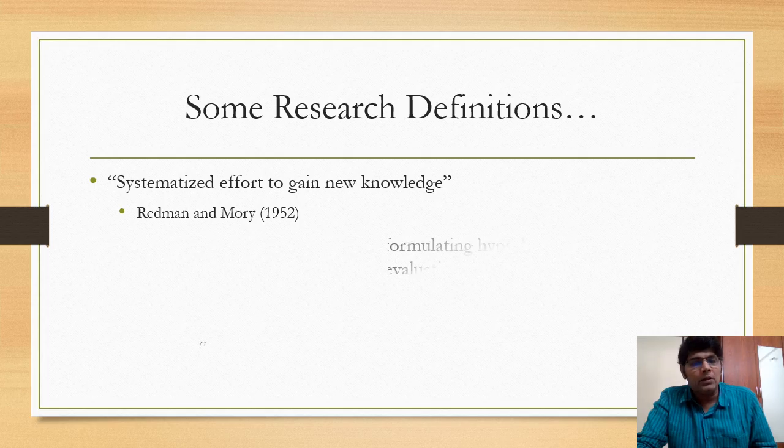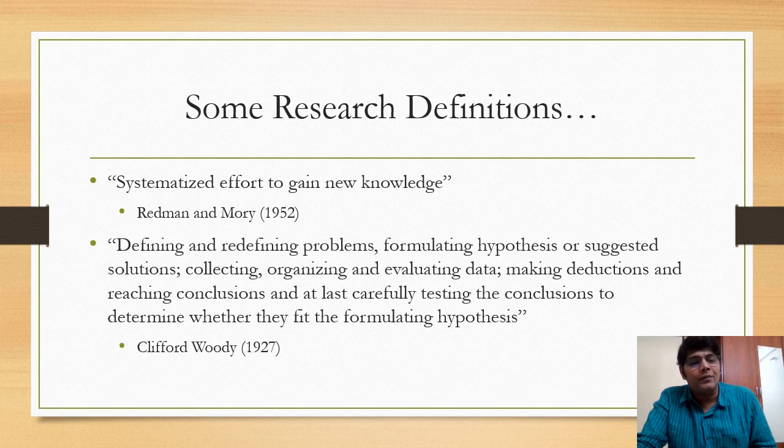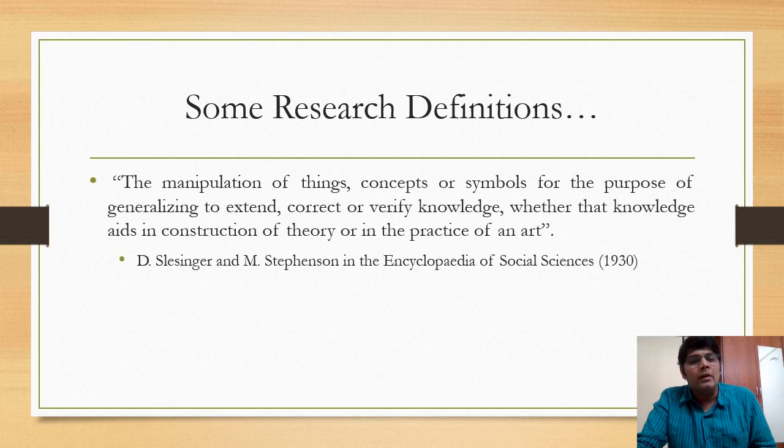Earlier to this, there was a couple of definitions which was widely employed by various researchers in all fields. One was given in 1927 by Clifford Woody, which is a bit lengthy one, but interesting one. Similarly, in 1930, two important scientists, one is called as Schlesinger and the other one is Stephenson, actually came up with an interesting definition to the word research.